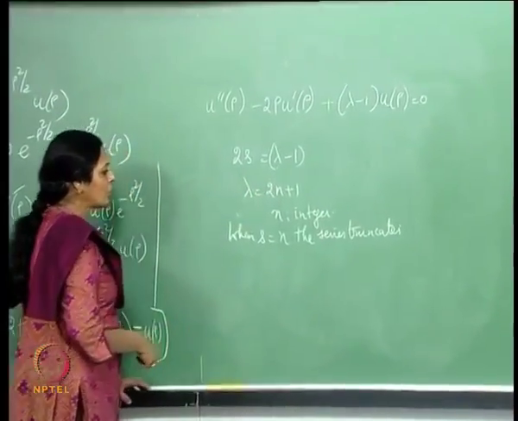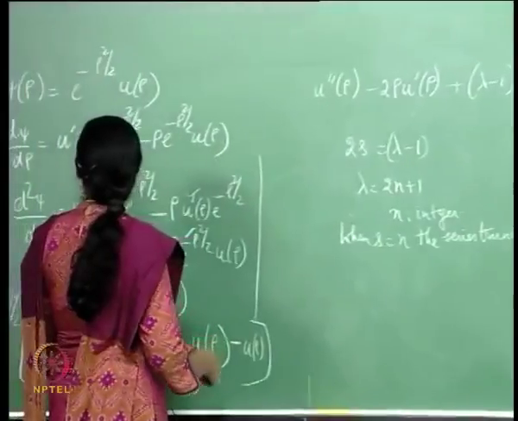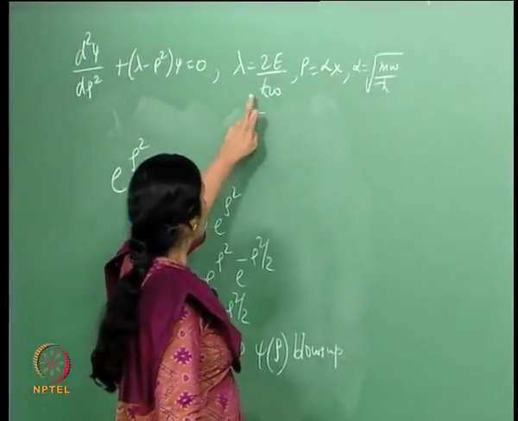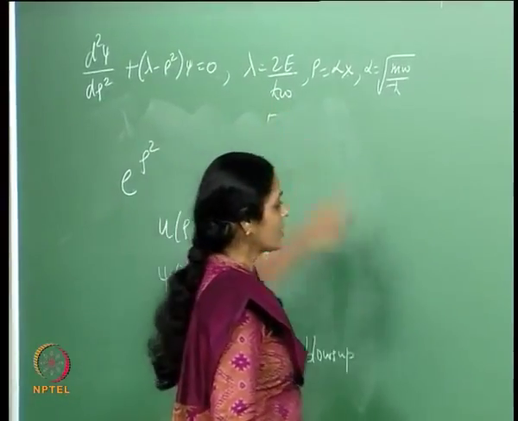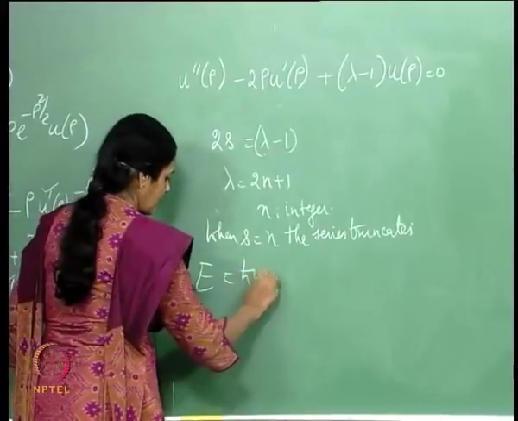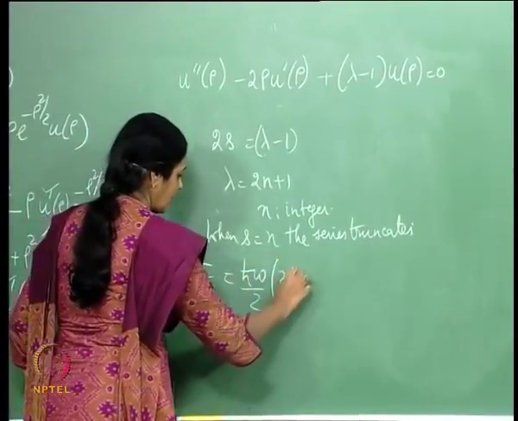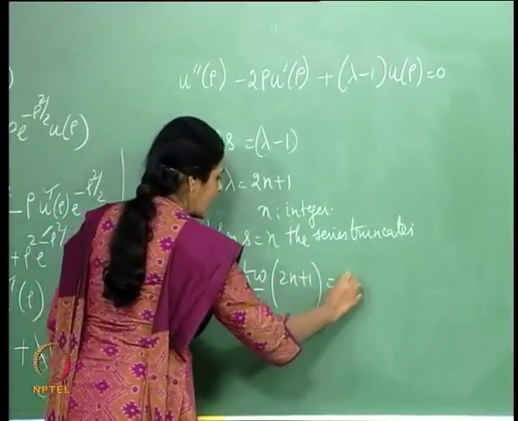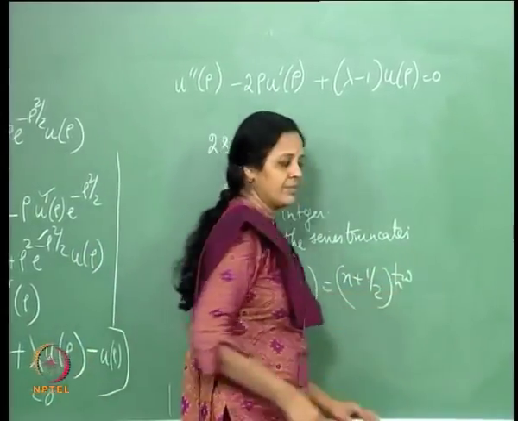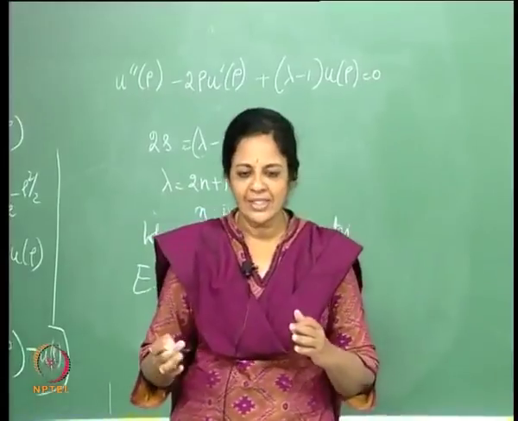But if lambda is equal to 2n plus 1, go back to the definition of E. E is h cross omega by 2 times lambda. So E is n plus half h cross omega. You see this is very intimately connected.